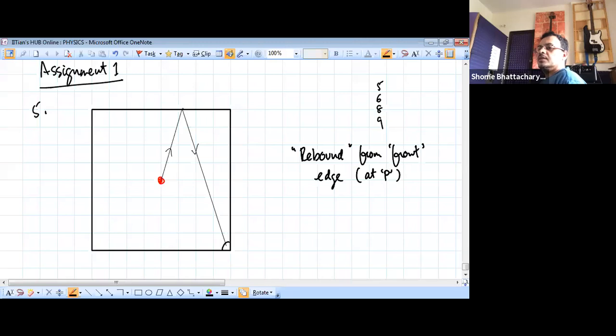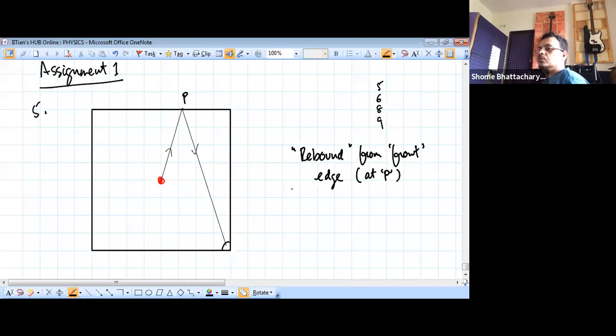So you have to aim somewhere here. If you aim too much to the right, then it will end up reaching here. If you aim it too much towards the left, it will hit here and come somewhere here. So there's an exact spot P where you have to aim, so that it reaches this spot.